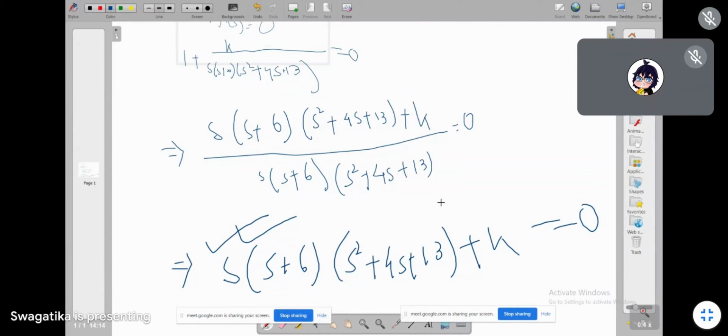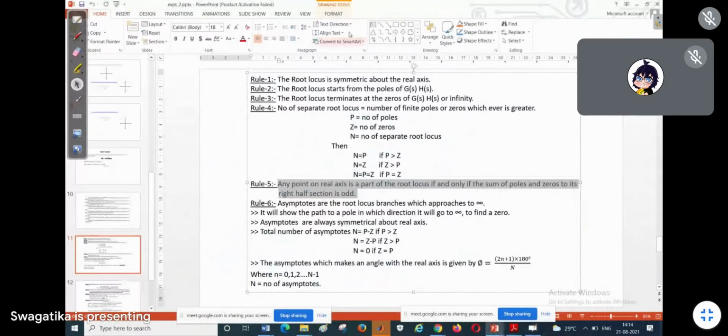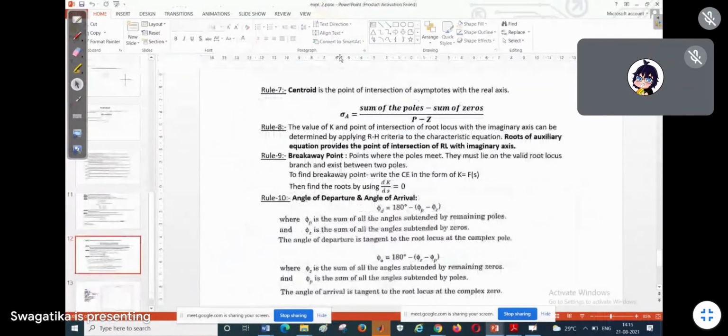Is it satisfying your condition? Yes, ma'am. What was the condition? Asymptote, then your centroid, then your breakaway point, the points where they must lie.